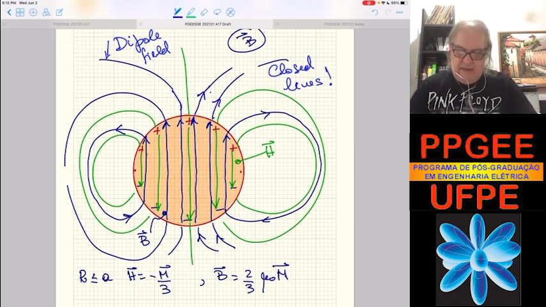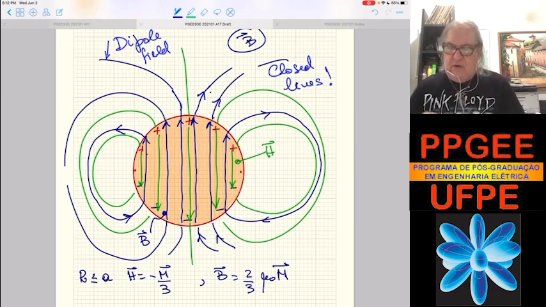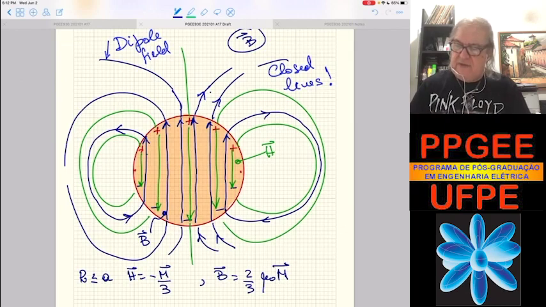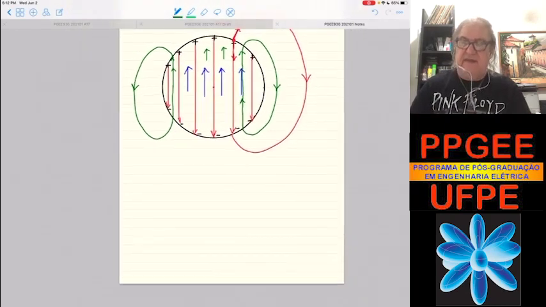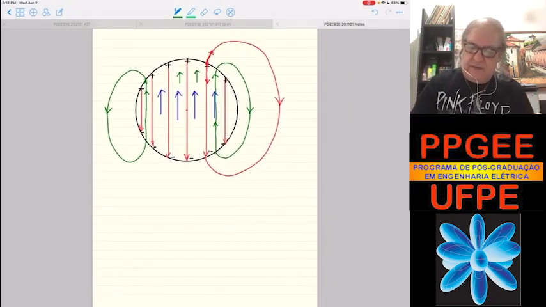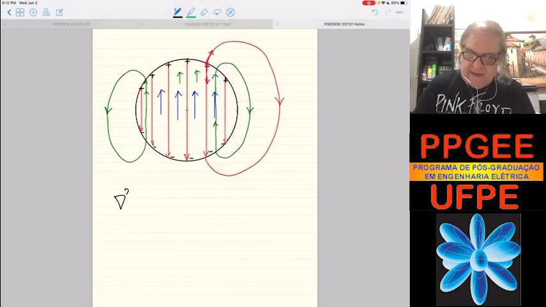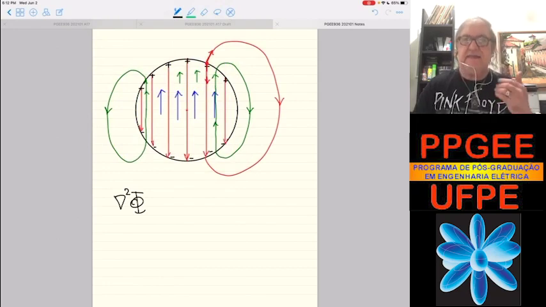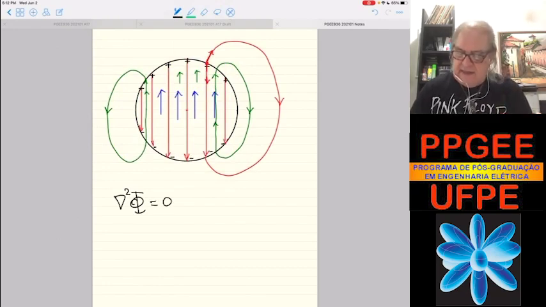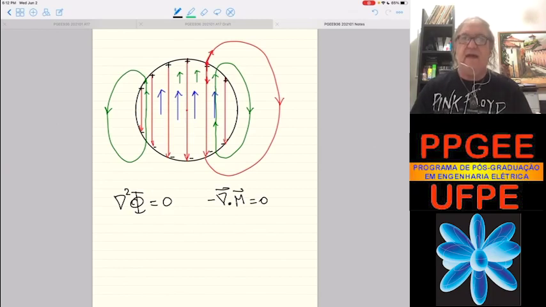Of course, we could have solved this problem also in a different fashion. We could solve this problem by noticing that the Laplacian of phi, either inside or outside, equals 0. Because inside, it would be minus the divergence of m, which is 0. And outside, there's no magnetization, so there's no magnetic charge.